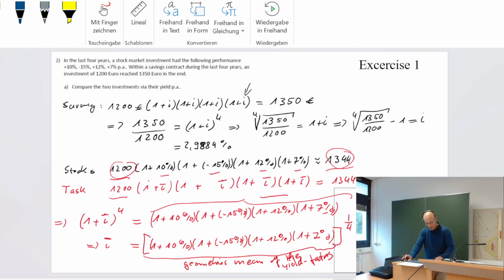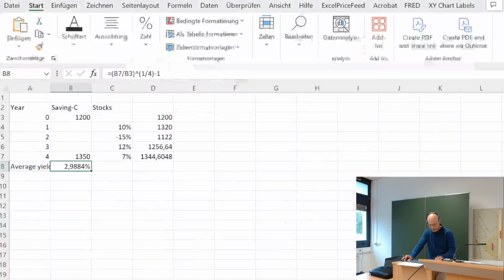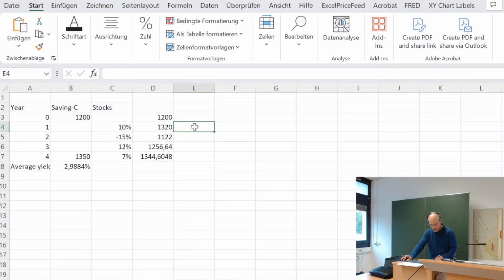So let's calculate these also, so that we have the number. For this we need the yield factors, so 1 plus the yield in every year.